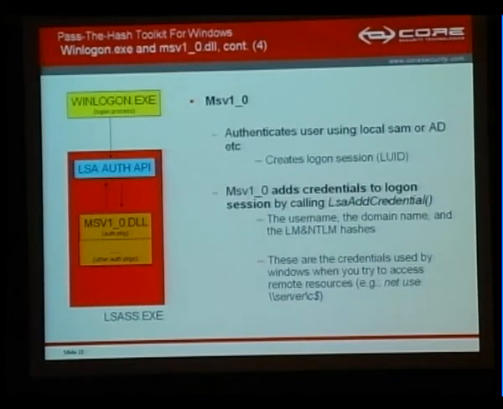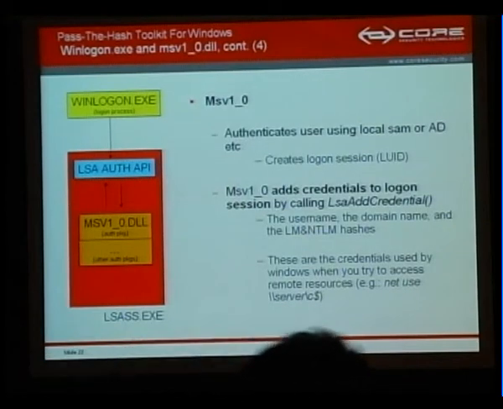So this component, MSV1_0, connects to a remote server or gets the information from the local SAM database. If the information matches, that is, the user password is the same as the password that is stored on the local machine or remote machine, it proceeds to use the LSA authentication API to create a logon session.